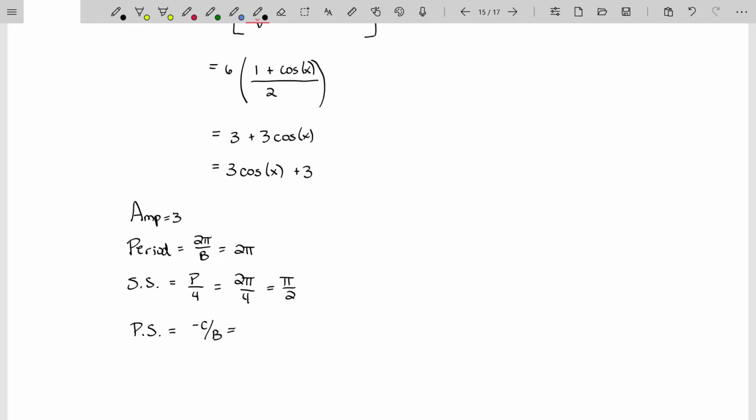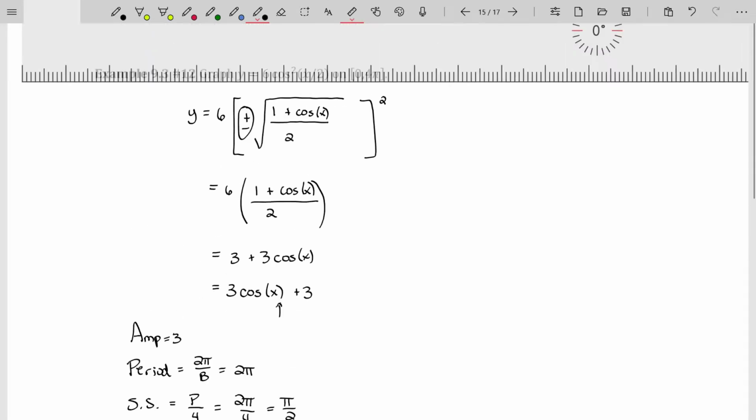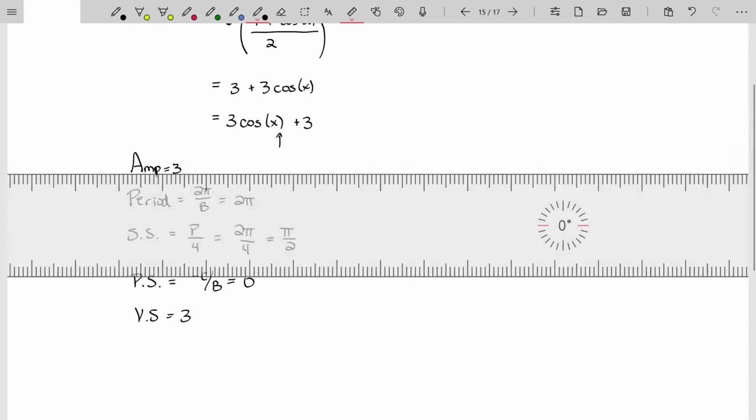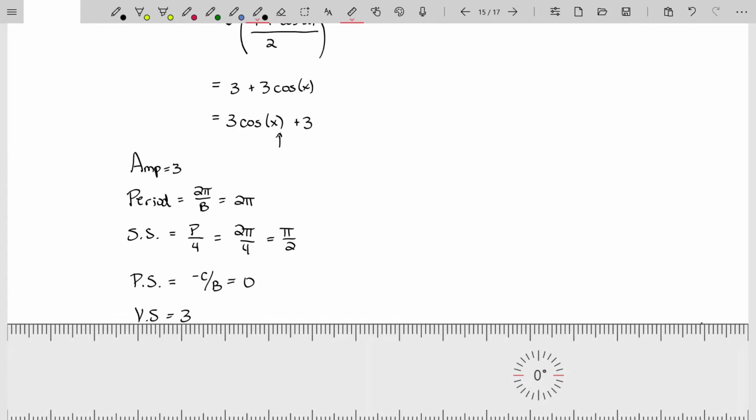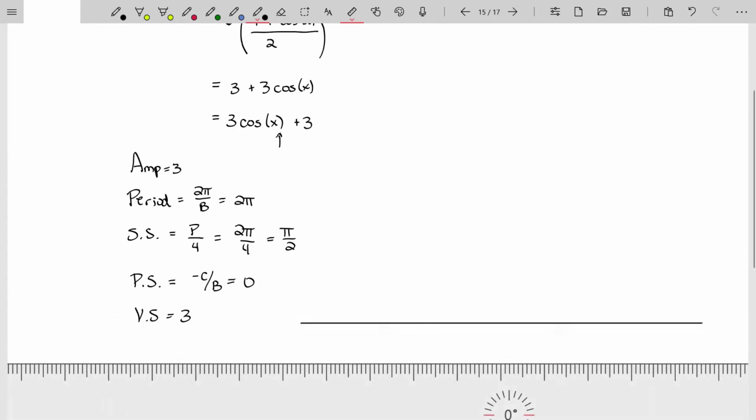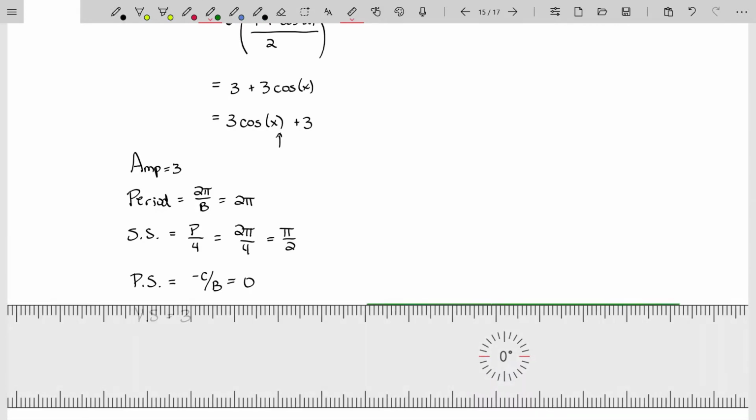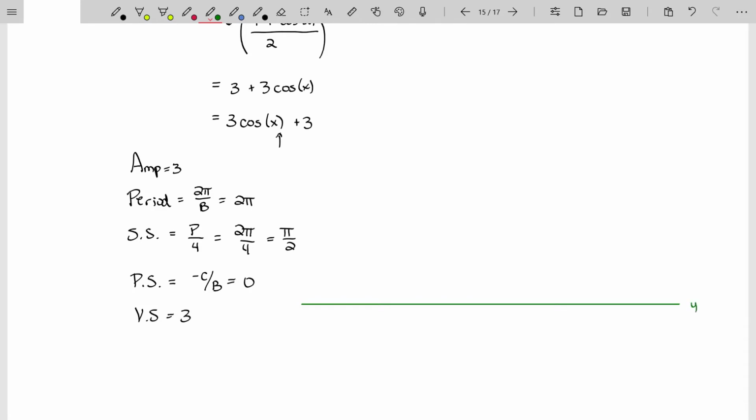But again, c in this case is 0 because we don't have a horizontal shift. But the vertical shift we do have, that's a positive 3. So I'll go ahead and grab my ruler here. And I'll just graph out a midline. In fact, maybe I should do a different color for that midline. Graph out a midline here. And that midline is being graphed at a height of 3 because that's our vertical shift.